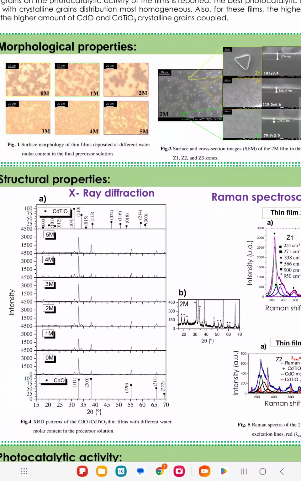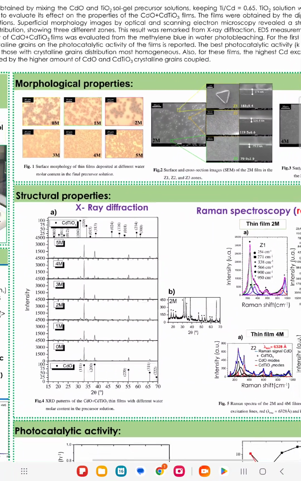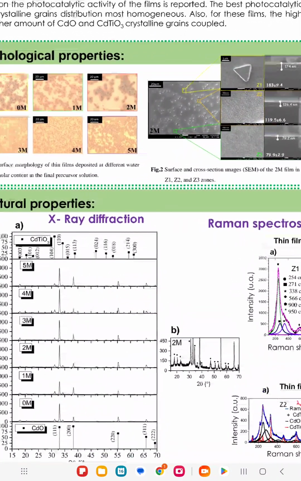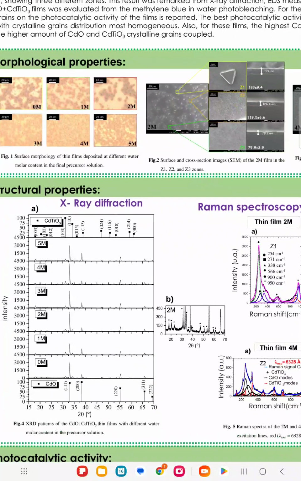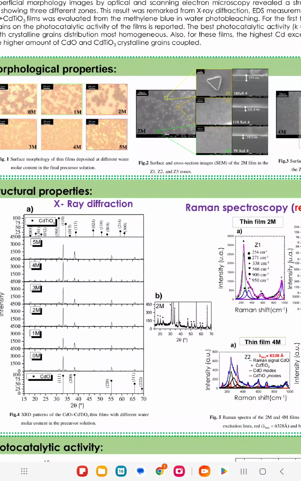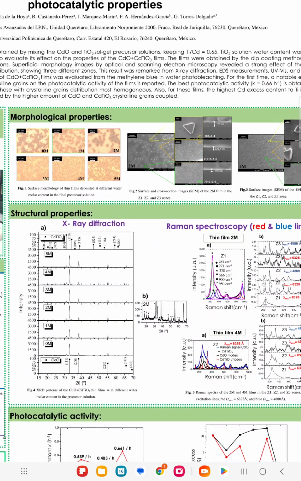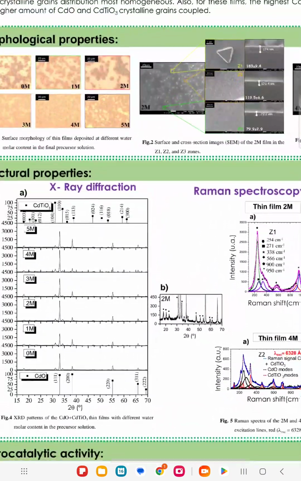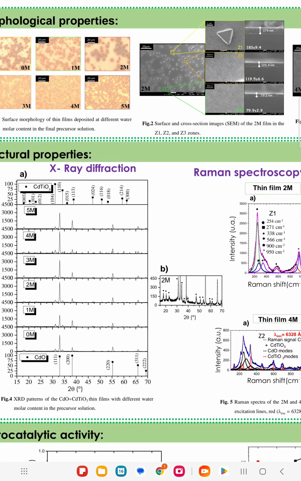For the structural properties, in figure 4, I show you the results obtained by X-ray diffraction. In this figure, I show you the XRD patterns of the cadmium oxide plus cadmium titanate films with different water molar content in the precursor solution.